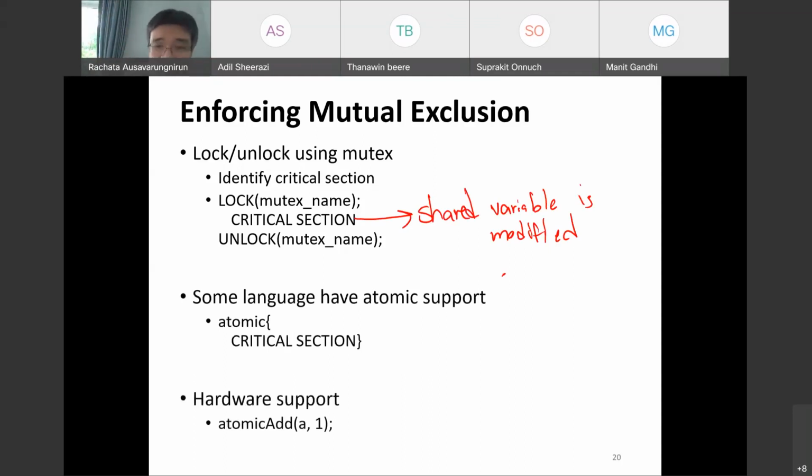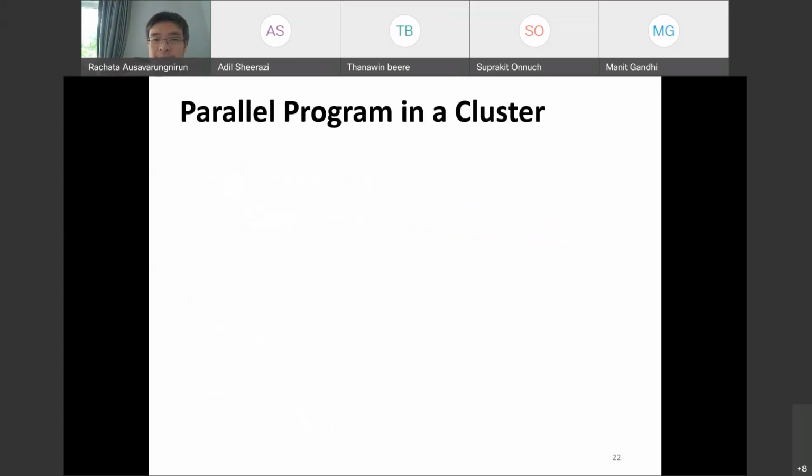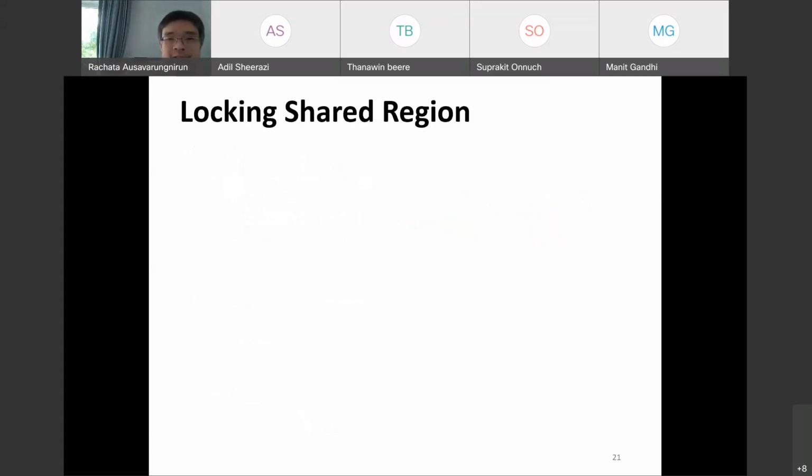Or you can do atomic add, right? For example, there's an atomic add operation that you can do. It's going to be atomic. So these are tools, right? Basically, think of these as tools that you can apply to enforce mutual exclusion and to lock the shared region, right? So let's say you have a linked list, right?